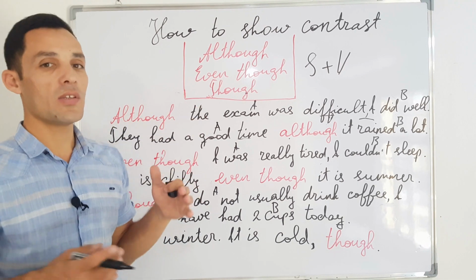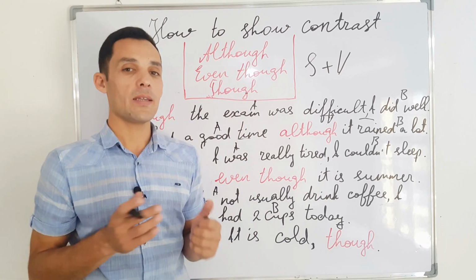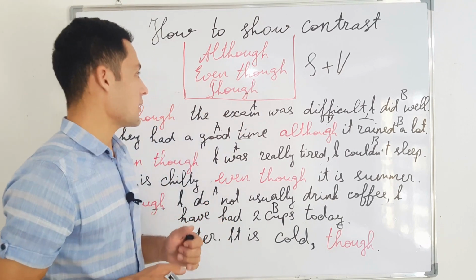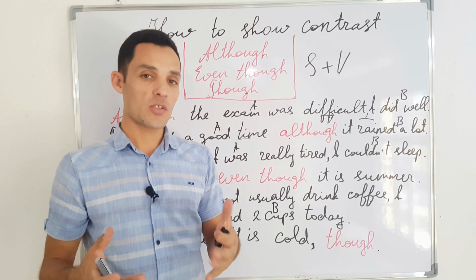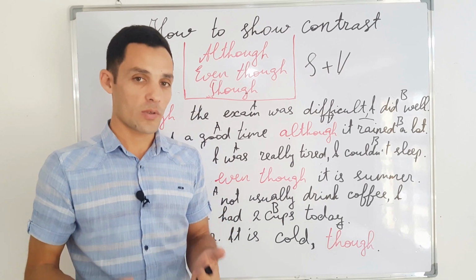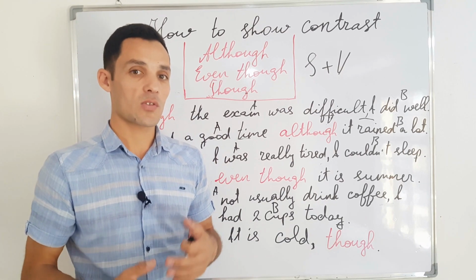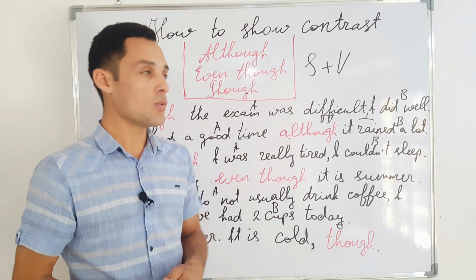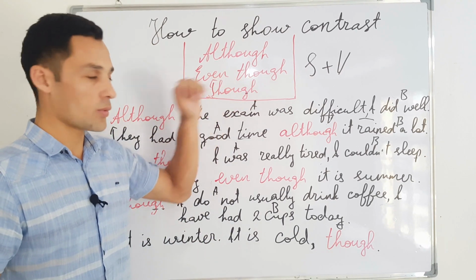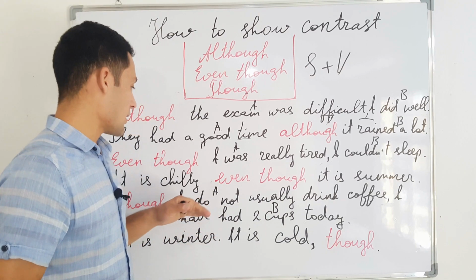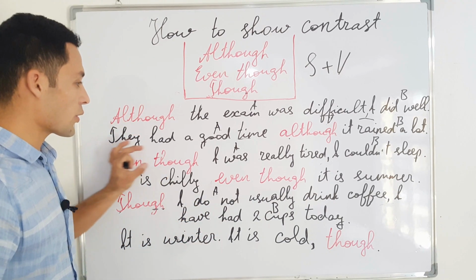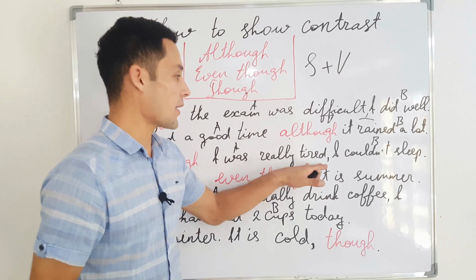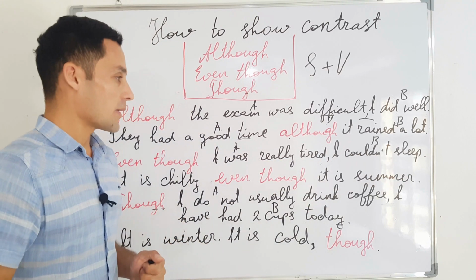Even though. What's the difference between although and even though? The difference is, even though is much stronger. If you show strong contrast, unexpected results, you use even though. Let's have a look at some examples here. "Even though I was really tired, I couldn't sleep."